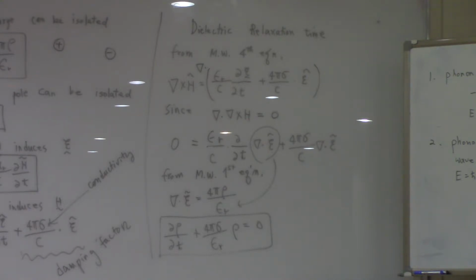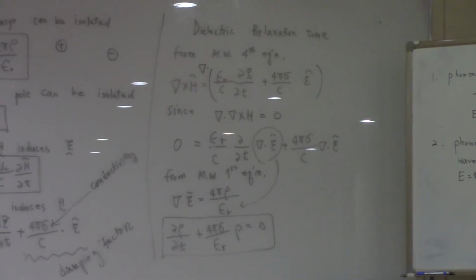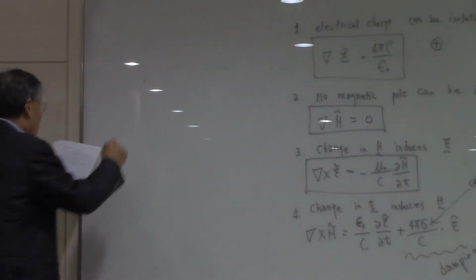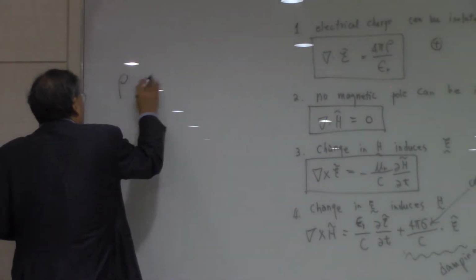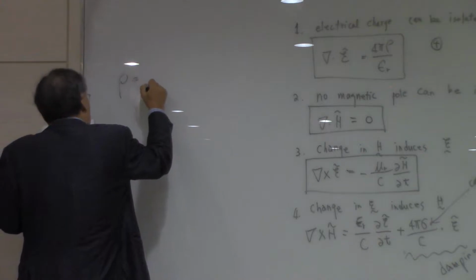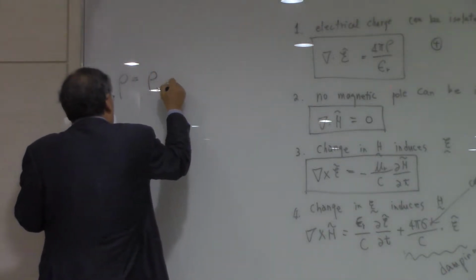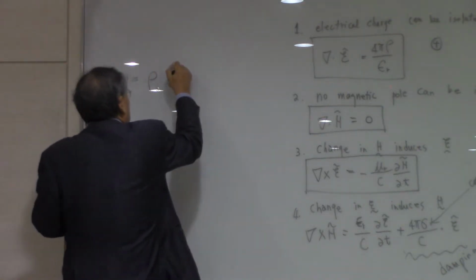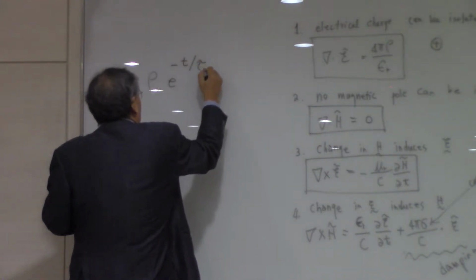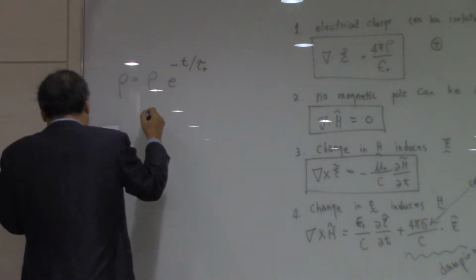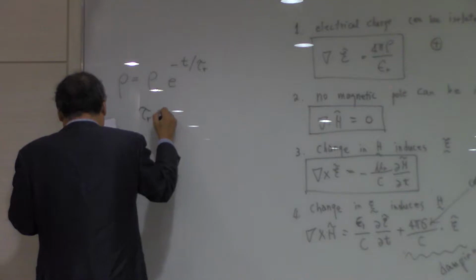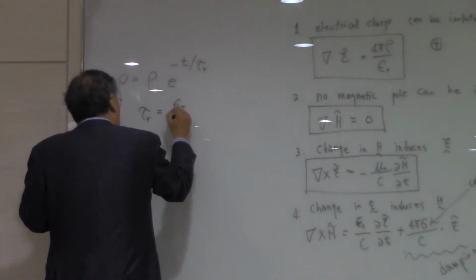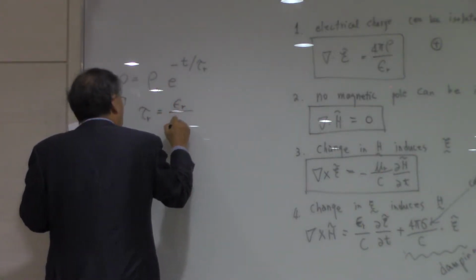And it's not difficult to get the answer to that, which is that the charge density is going to be the initial value times a decay factor, e to the minus t over tau R, where tau R is the dielectric constant over 4 pi sigma.